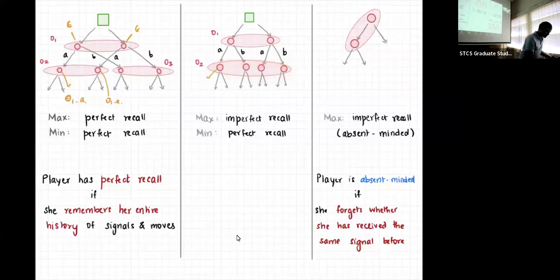Here there is an O1 dot A and here there is an O1 dot B. So the player has forgotten. Both of them are in the same information set, which means that the player has forgotten whether she played A or B. Everything has an O1, so at least she knows that I was at O1 before, but I do not know whether I played A or B. Which means that she cannot recall her own actions. So this is called an imperfect recall.